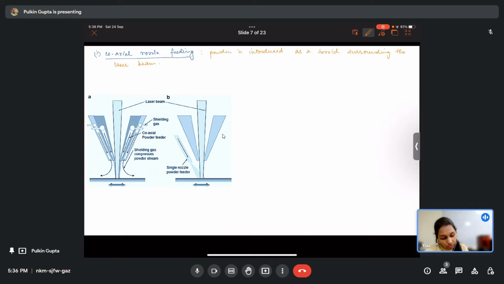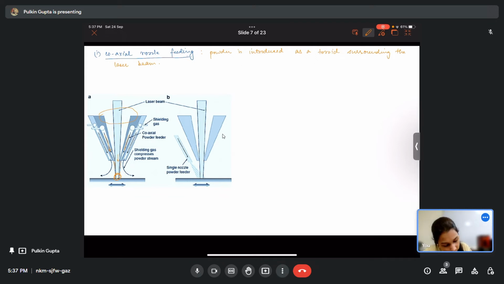Now this is focused to a small spot using a shielding gas. So here you see this is your laser beam, and this is your coaxial nozzle. It is kind of a 360-degree mechanism, and from here your powder is coming. Here it interacts with the laser to finally melt and deposit on the substrate.